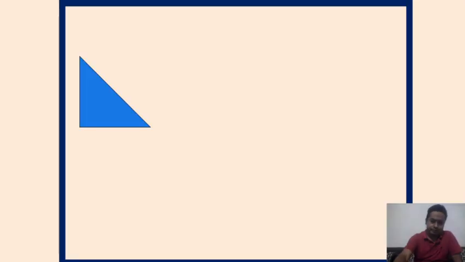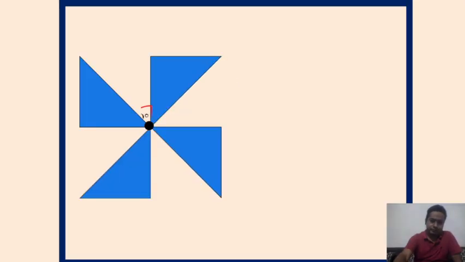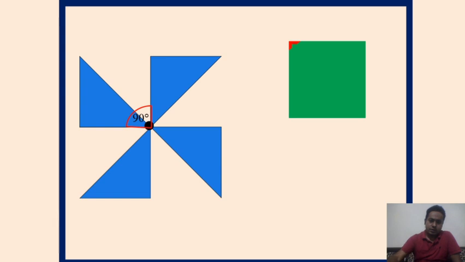Now the rotational angle is 90 degrees, because 360 degrees divided by 4 is equal to 90 degrees. Because it has 4 blades, and this shape turns to this shape, their full rotation is 360 degrees, but one rotational angle is 360 divided by 4, which is equal to 90 degrees.